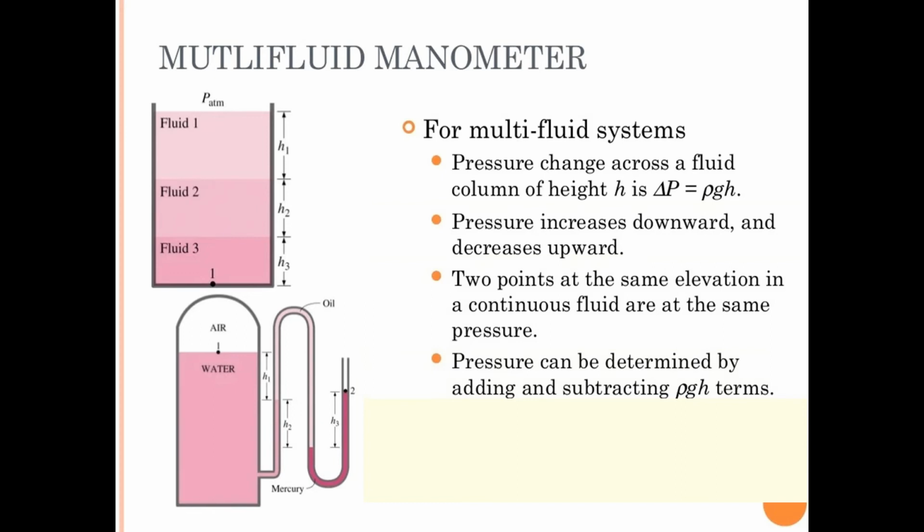Pressure can be determined by adding and subtracting rho G H or gamma H terms. So here's an equation on the lower figure wherein the pressure equation was written starting at point 2.